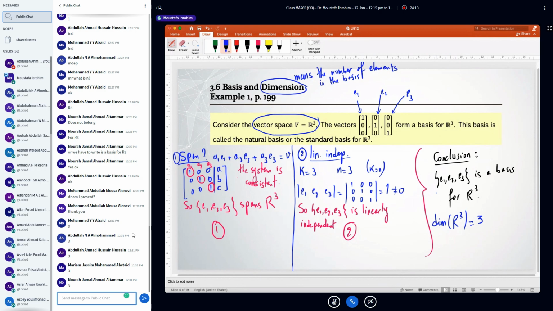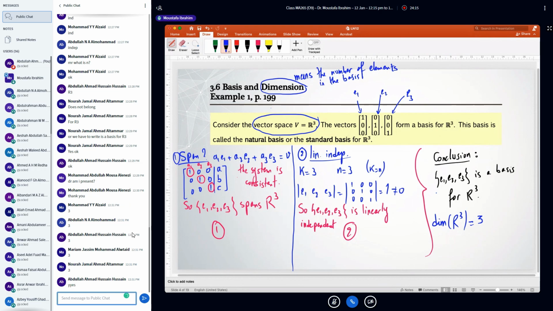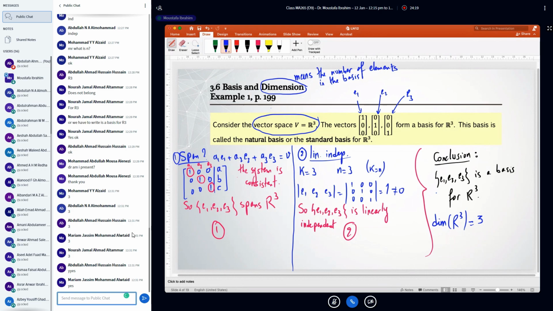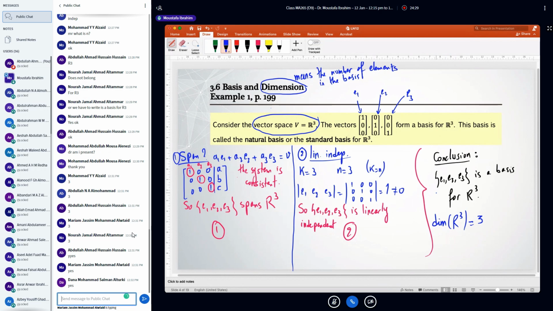Is it clear, guys? Dimension is always something fixed. Okay, very good. So please take a screenshot and let's talk about the natural basis, or standard basis.